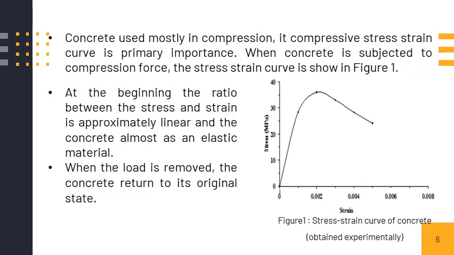When we apply load on concrete, the ratio of stress and strain is almost linear, and this means that concrete is in elastic state. At elastic state, when we remove the load, the material can go back to original state.